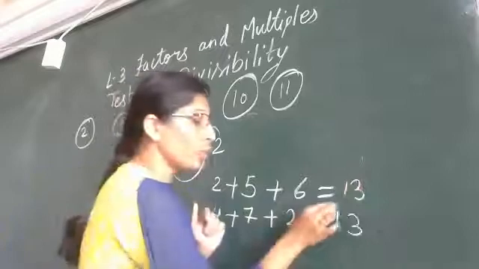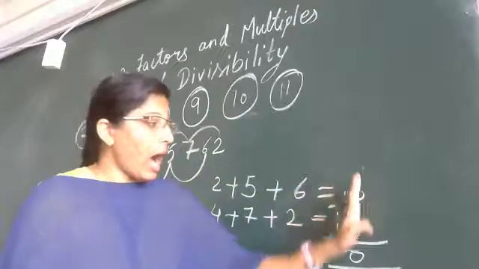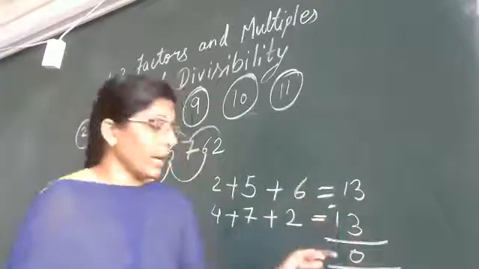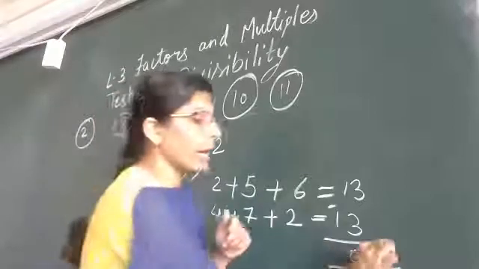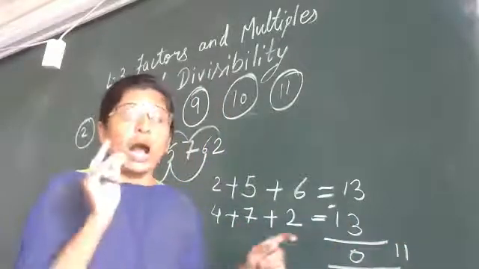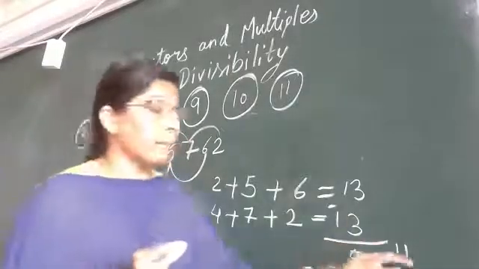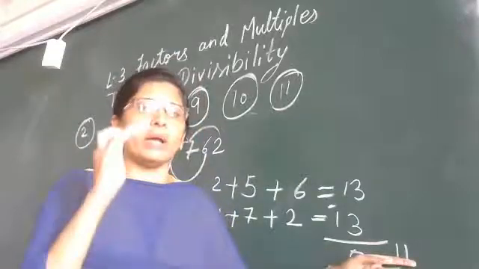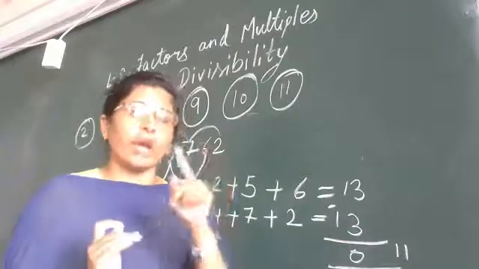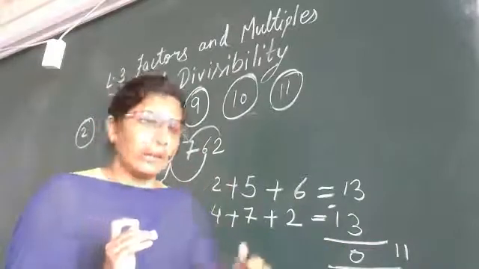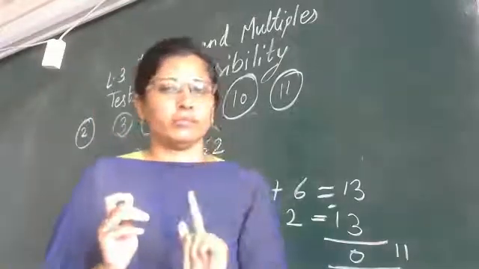After adding, you have to do subtraction. Okay. After subtraction, if you are getting 0, or sometimes you will get 11 also. So after subtraction, if you are getting 0 or a multiple of 11, meaning the 11 table: 11, 22, 33, 44, then this number is divisible by 11.